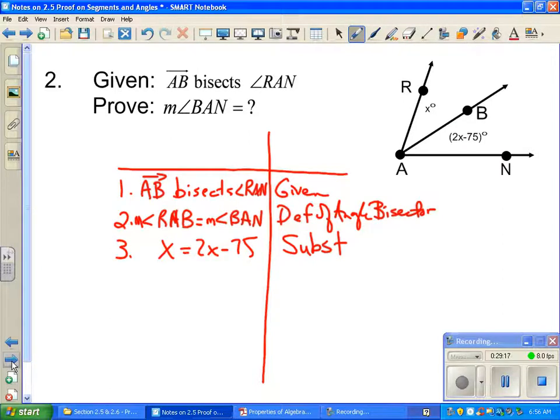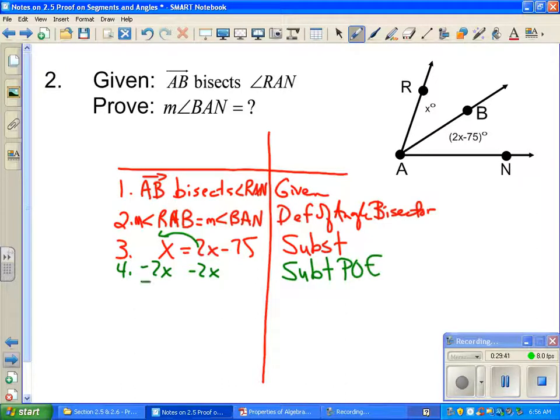In this problem, we only have an x on the left, but on the right we have 2x minus 75. And on the right are only supposed to be numbers without letters. So how do we get this 2x over here? Is subtraction. Because it's positive right now, so we need to subtract to get it to the other side. So that's the property, subtraction property of equality.